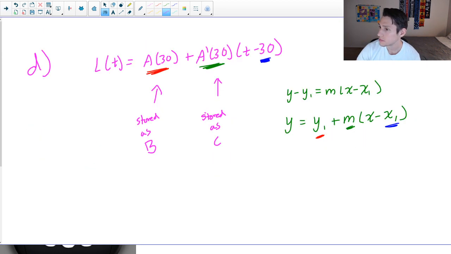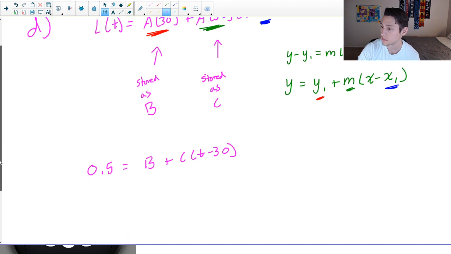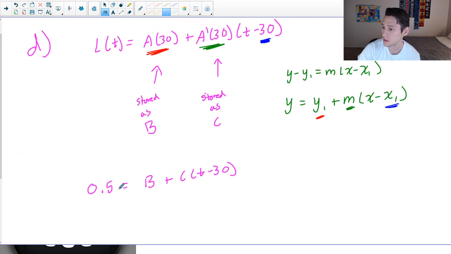I'm not plugging in 0.5. I want to know when this equation is going to be equal to 0.5. That's why I'm setting it equal to 0.5.